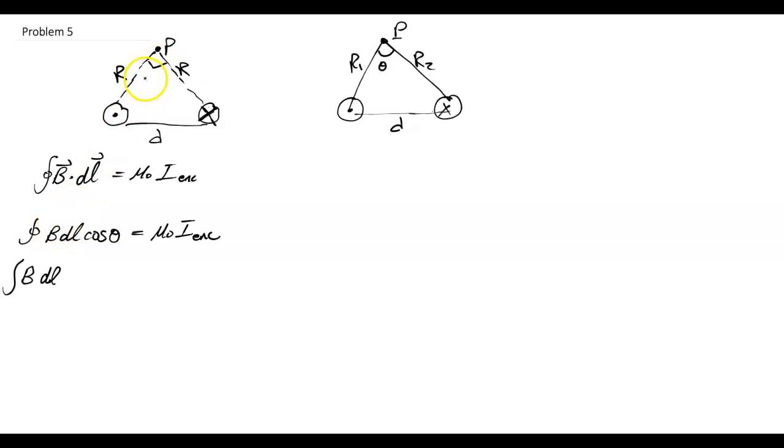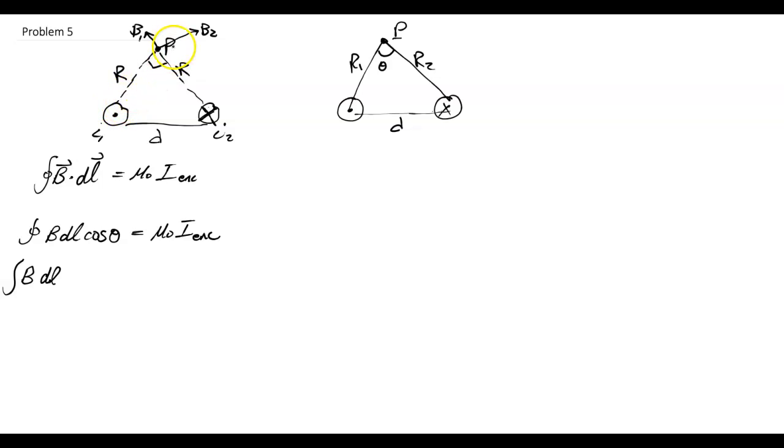We can take the distance to be in the same direction as the magnetic field, because if this is I1, then we will have a magnetic field B1 coming out of it, and then we will have a magnetic field B2 coming out of it for I2.